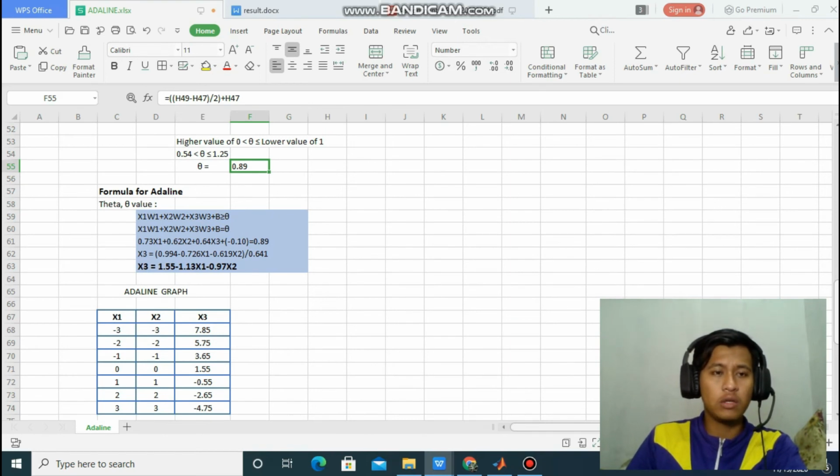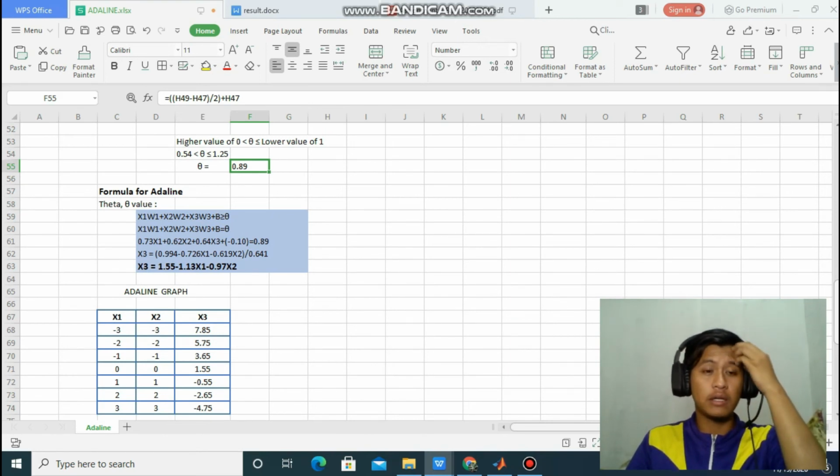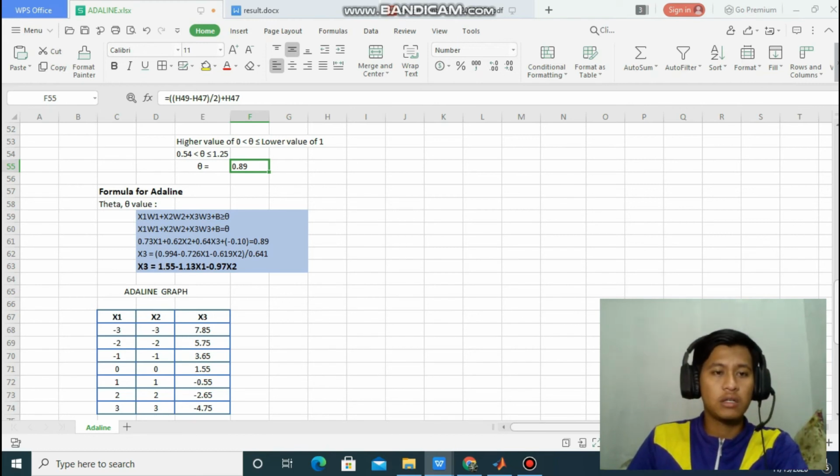With this data, we will construct the graph based on the formula for the other line. The formula we use is x1 w1 plus x2 w2 plus x3 w3 plus bias is more than theta. We convert it to x1 w1 plus x2 w2 plus x3 w3 plus bias equal to theta.